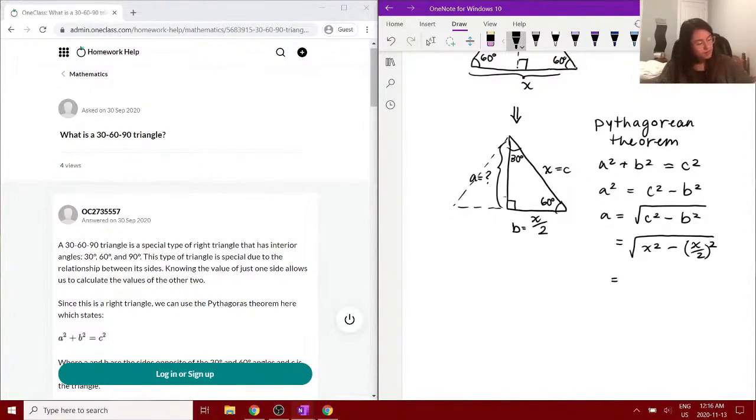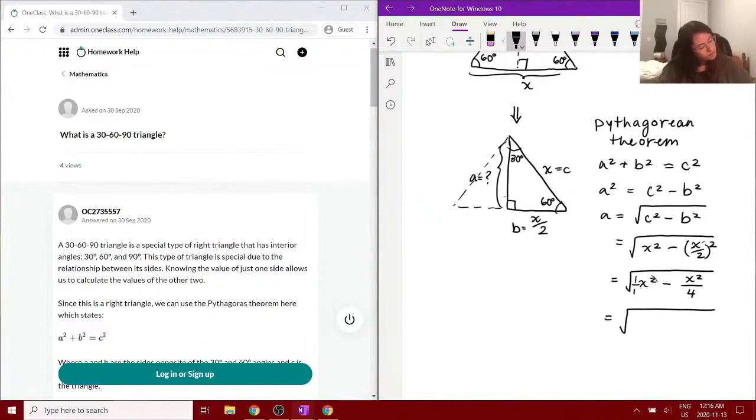Okay, now we can combine, so we have x squared minus x squared over 4. Let's square everything inside the bracket. Then we can add the fractions. So if it's just x squared, we can imagine that it is 1 over 1, right?